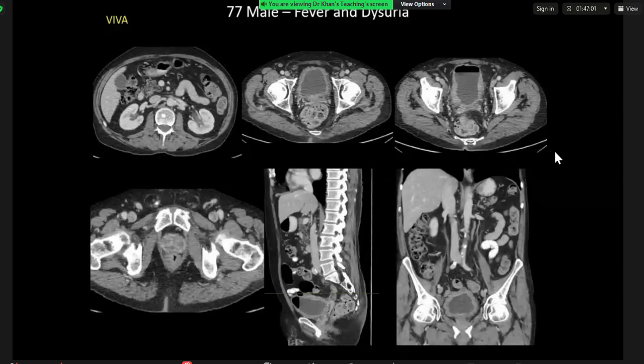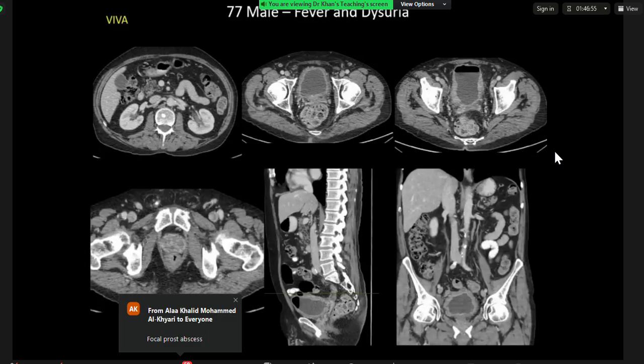There's no catheter that I can see within the bladder that would account for this, so I would be suspicious of a more worrying etiology elsewhere.